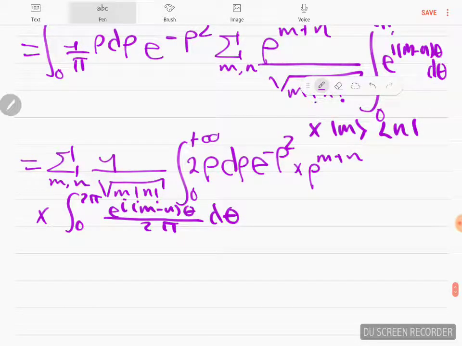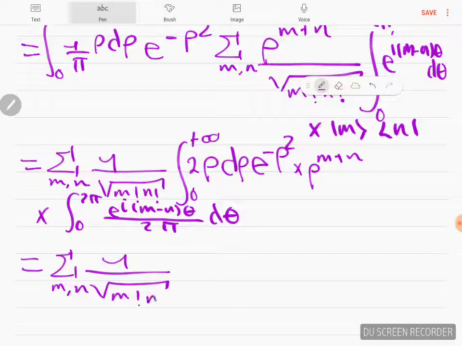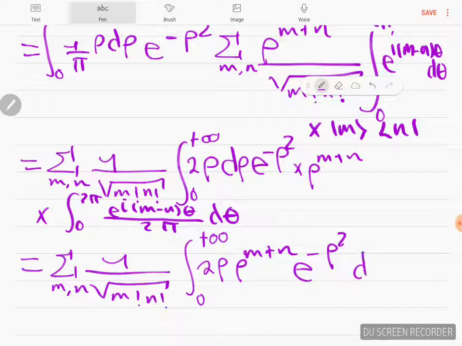So what do I have here? I have the summation over m and n, 1 over the square root of n factorial. Let's write this integral from 0 to infinity of rho to the m plus n e to the minus rho squared d rho.